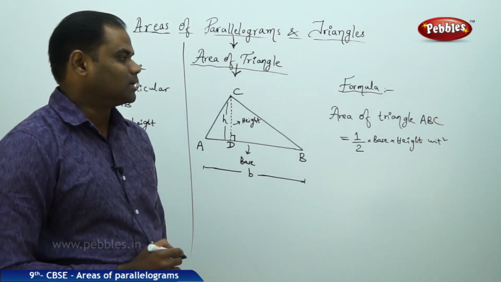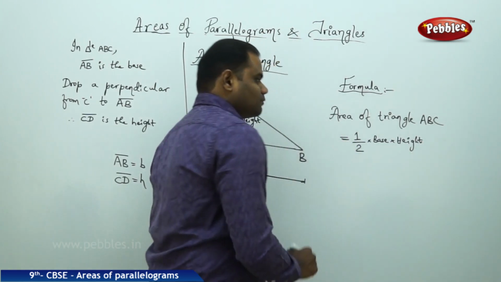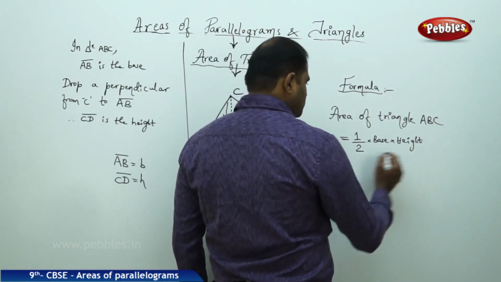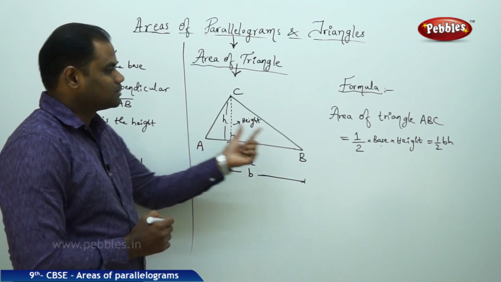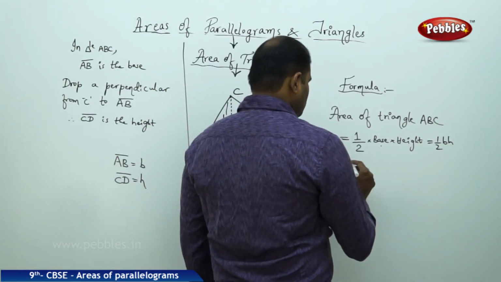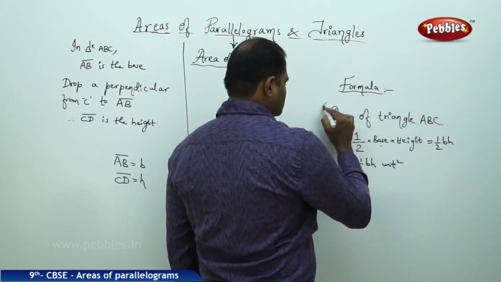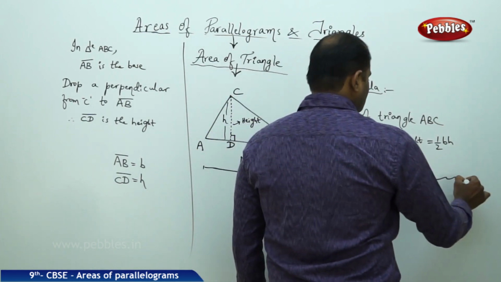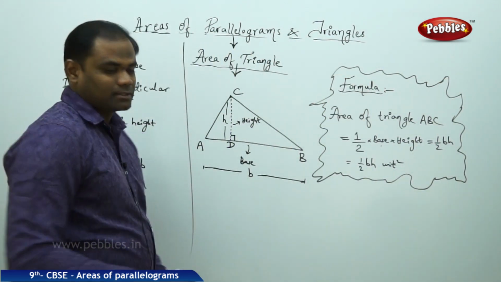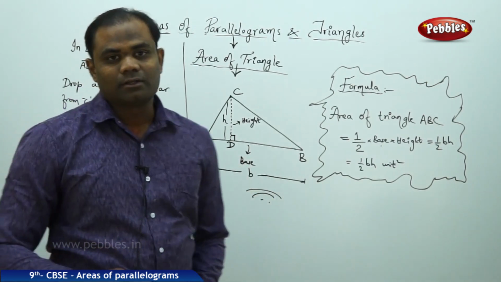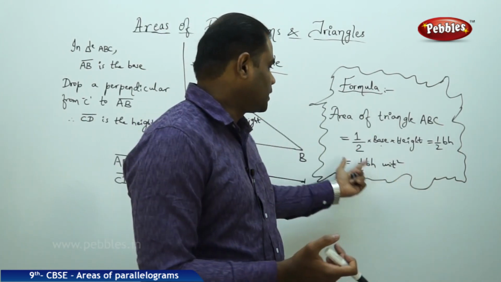So half into base into height is the formula for area of triangle, which can be reduced as half BH, because my base is B and my height is H. What we get when we derive area of triangle ABC with the base B and the height H is half into base into height.